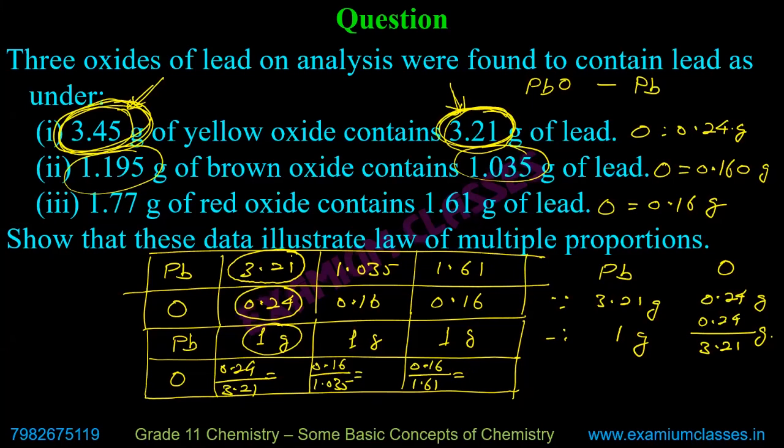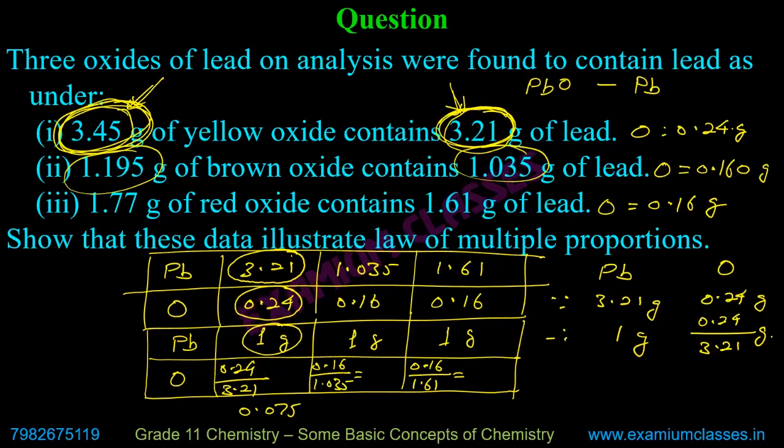So it is 0.24 divided by 3.21. It gives you 0.075. I'm writing it here, 0.075.